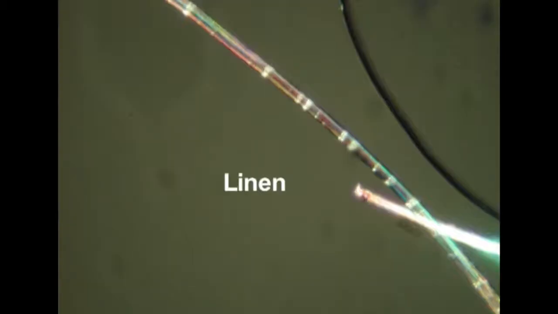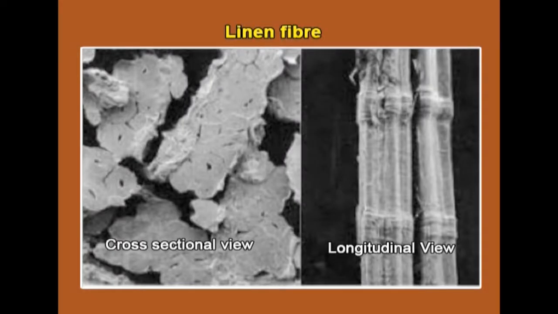In case of linen, when viewed longitudinally, it looks like a bamboo cylindrical structure with defined cross marks, and the cross section is polygonal shape, and it consists of ultimate cells. That means that around 10 to 40 cells make an ultimate cell, and it is going to be polygonal in shape.